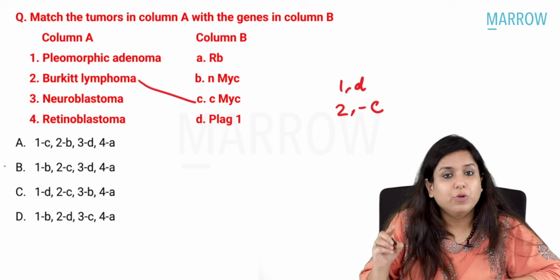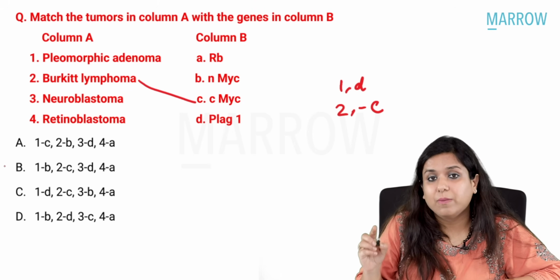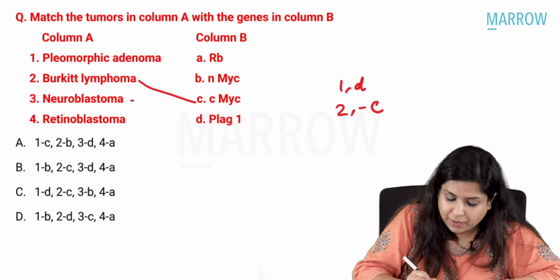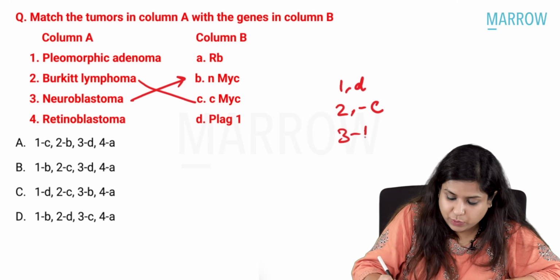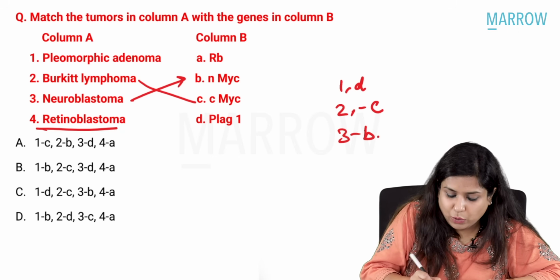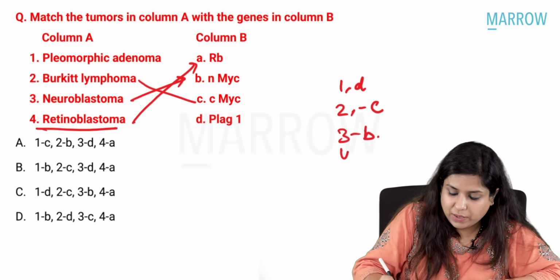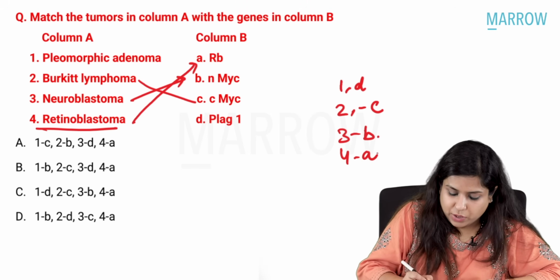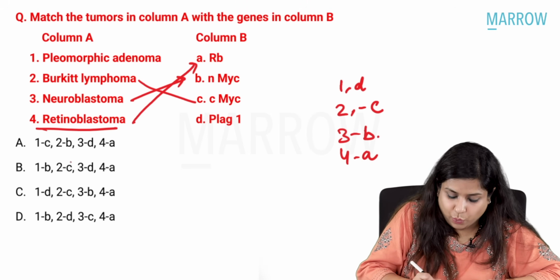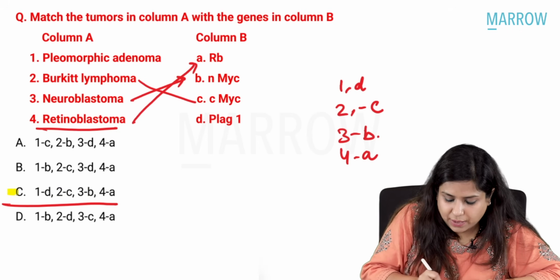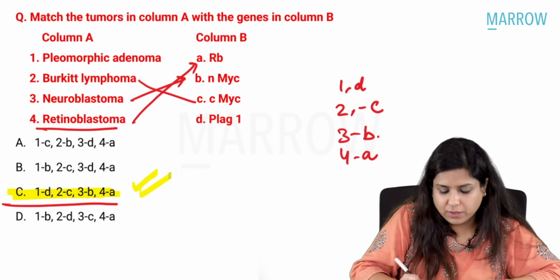Neuroblastoma, N for neuroblastoma and N for NMYC. So 3 is with B. Retinoblastoma of course is with A, 4A. So we have 1D, 2C, 3B and 4A. That is why this is the answer.